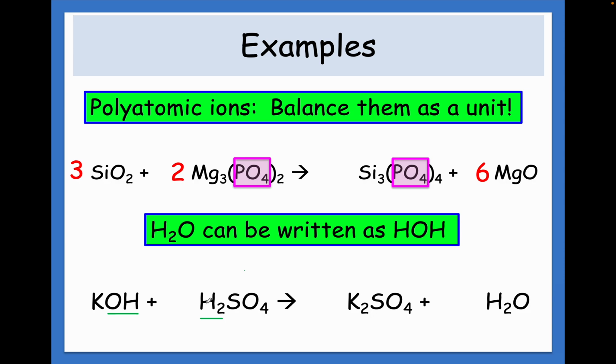So if we have two acids, like there's two hydrogens, two acids, and you only have one base, what you actually want to do is make two bases, right? So two acids and two bases will make two waters, and that should balance everything for you. All right. So that's the way I like to think of it as well.